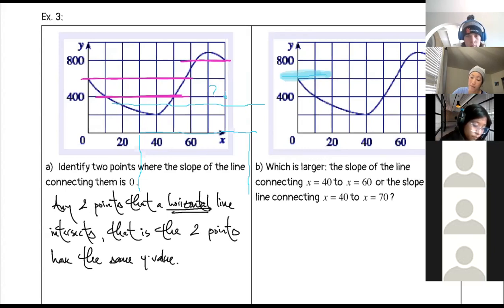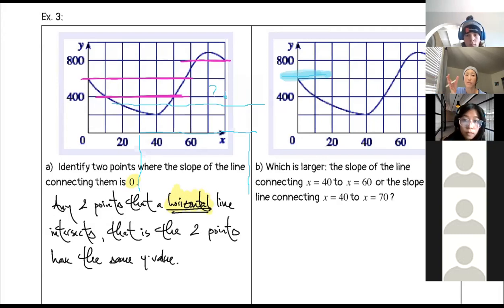Okay. There's a couple key concepts here that are going to come up again and again. One of them is that a horizontal line has a slope of 0. Okay. Horizontal line has a slope of 0. We're going to be leveraging that idea to solve problems in the future.